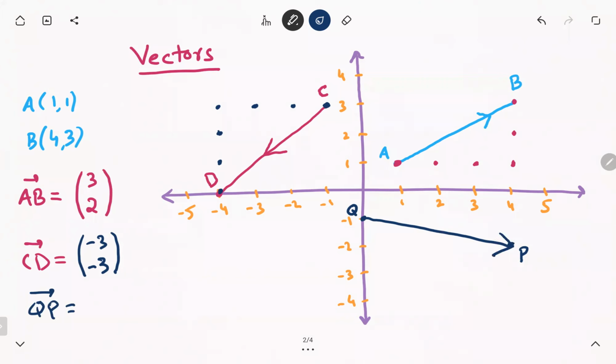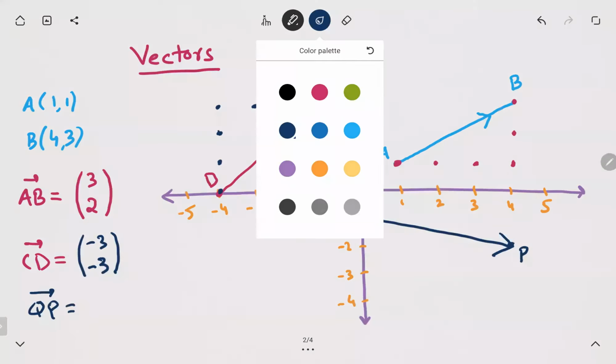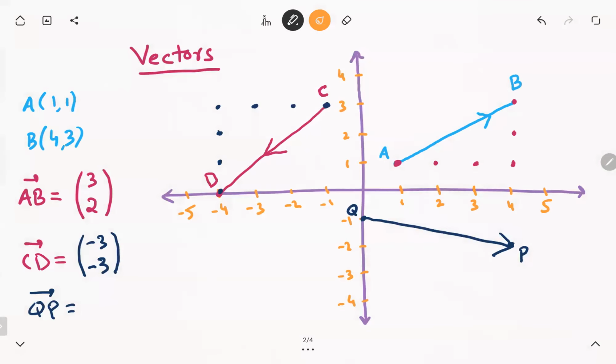4, 1, you said? Recheck. 4, -1. Yes, see, अगर आपने Q से start लिया, तो do we have to move right or left? Right, कितना right? 1 unit right, 2 unit right, 3 unit right, 4 unit right. So 4 unit right means +4.